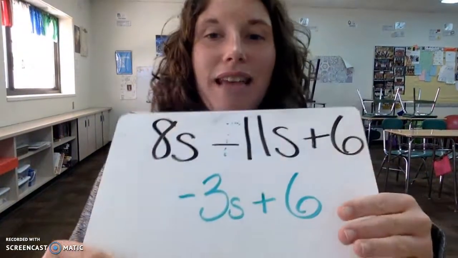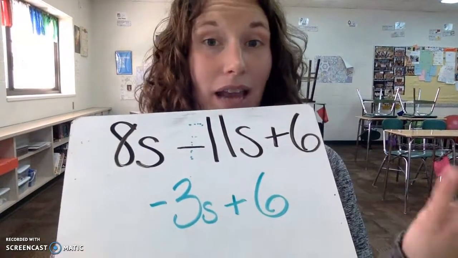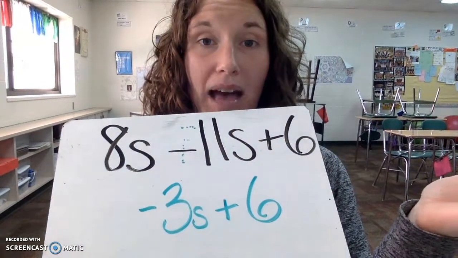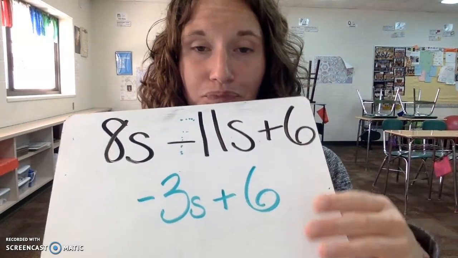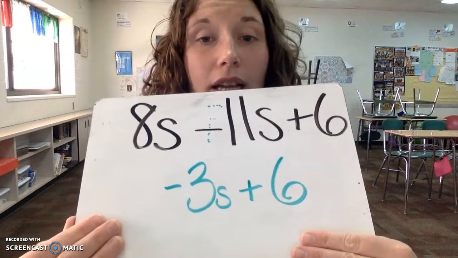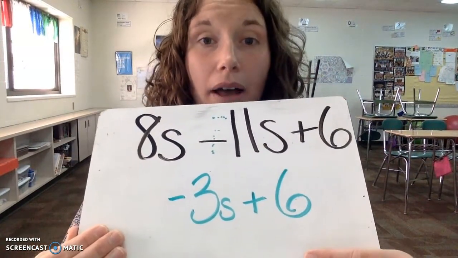So you can combine that, and you can have your answer as negative 3s. Not going to use s anymore because that looks awful. And then plus 6. So the 6 doesn't have an s with it. We cannot combine it. It's not something that we can do. So then my final answer is negative 3s plus 6.